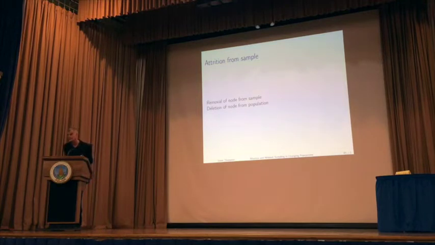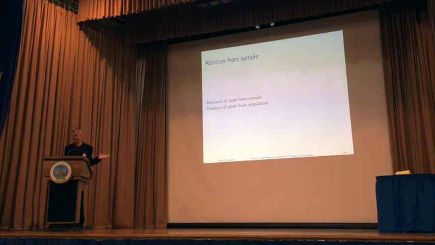And then units go out of the sample. They can be removed from the sample, like if we have an ongoing survey population, like in a panel survey, for example, we might just say, okay, this person's been in long enough, we'll remove them from the sample. Or it might be that if the person dies or moves away, they're deleted from the population. They're automatically gone from the sample.